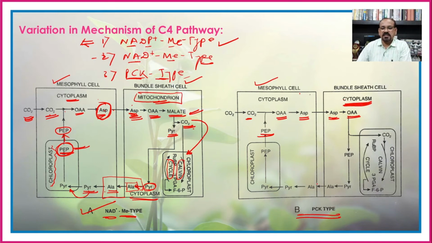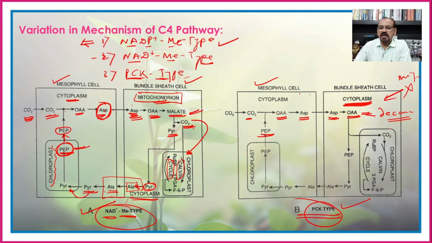And this is the difference between the PCK type and the NAD-ME type, because here there is no involvement of mitochondria. Here the oxaloacetic acid shows something different: there is a direct decarboxylation of oxaloacetic acid without formation of malic acid. This is again one of the specific characteristic features of the PCK type of C4 pathway.